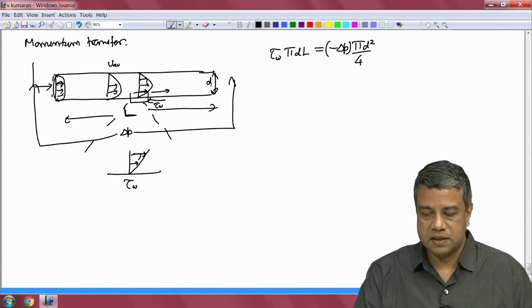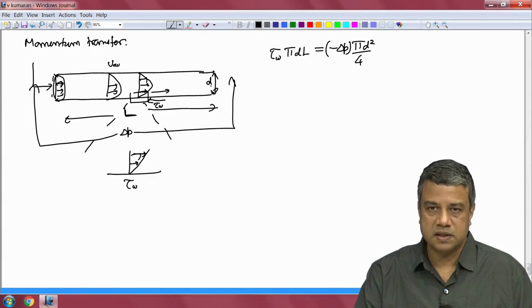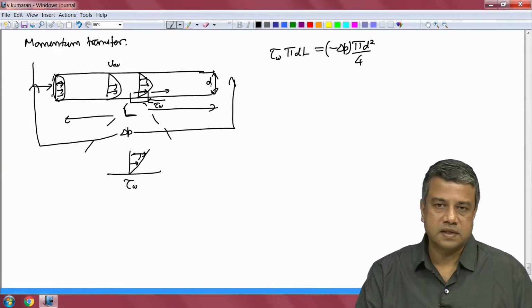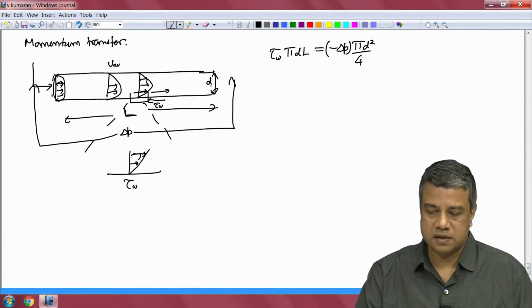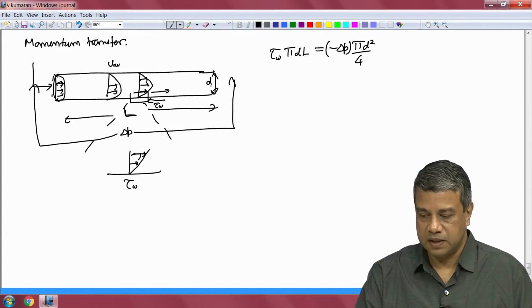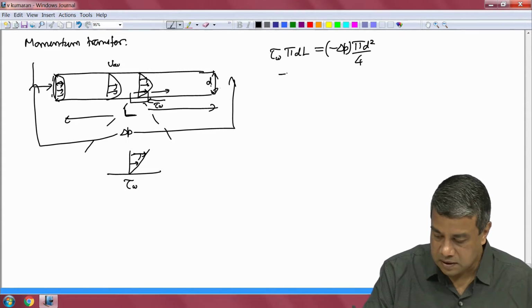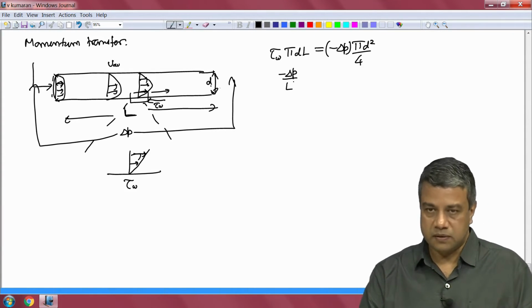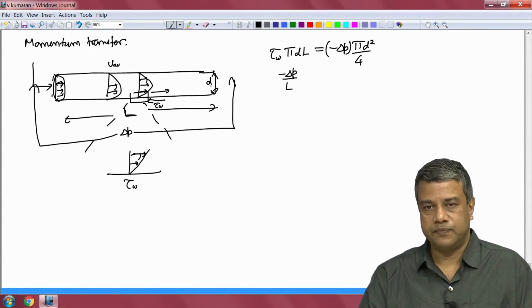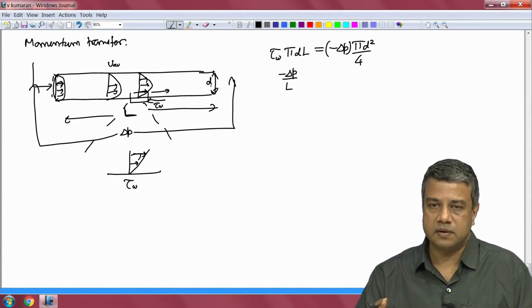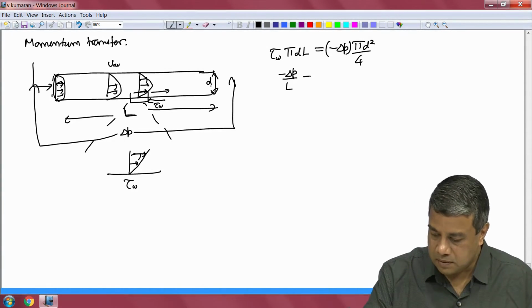So this is the relationship if we assume that the wall shear stress is a constant, because the flow is fully developed. This directly gives us a relationship between what is called the pressure gradient, the pressure difference per unit length of the pipe, and the wall shear stress.